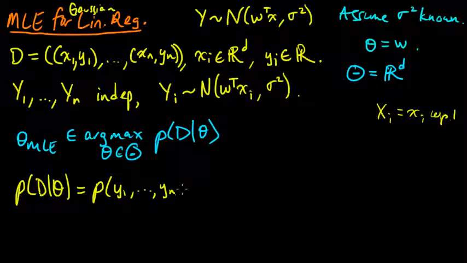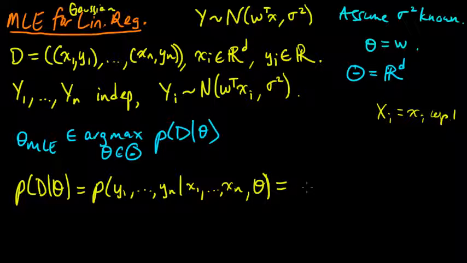So it's the probability of the y's given the x's and theta. Since these are independent, it's the product, as i goes from 1 to n, of the probability that yi equals little yi.